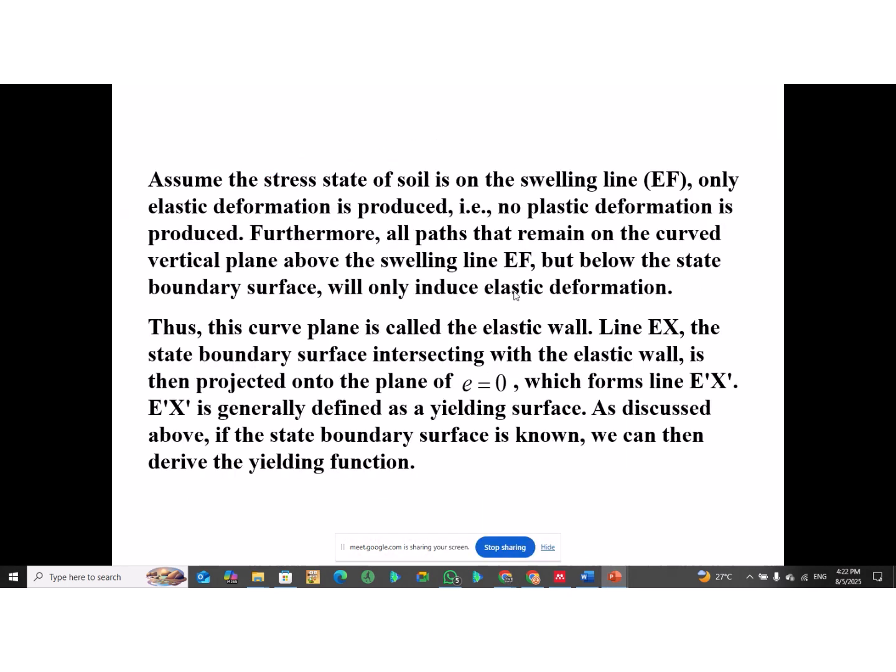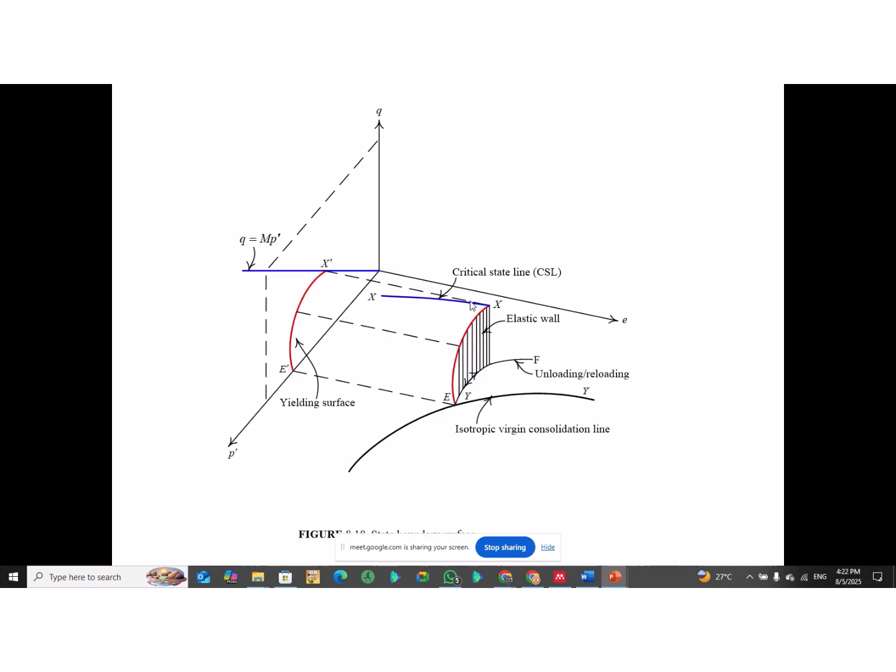Yeah. So previously we had already talked about the critical state line and the yielding surface, and how to determine the yielding surface. We established that the yielding surface is the line from projection, of course, projected the line between the isotropic virgin consolidation line to the critical state line, which is a curve that forms the elastic wall.